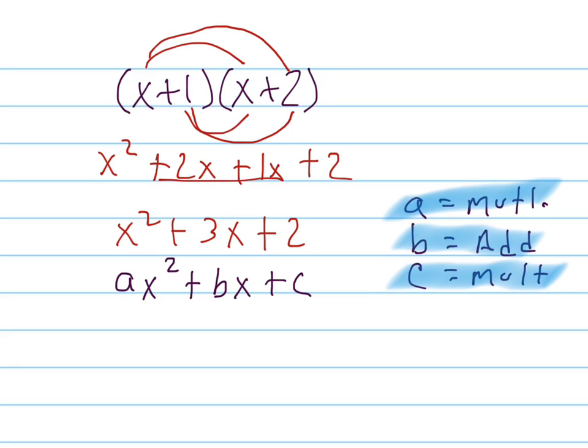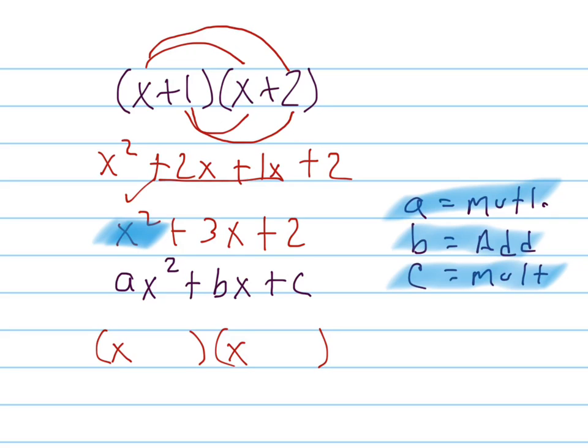Okay, so first you're going to just do this. You make 2 parentheses, and since A is 1, that's the easiest one. So you're going to just put x times x. That right there will check off x squared.